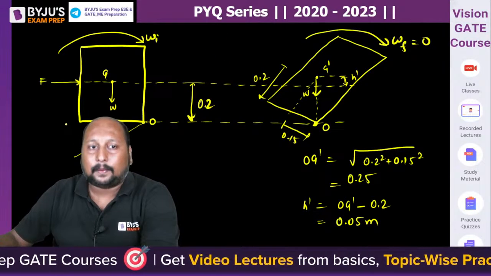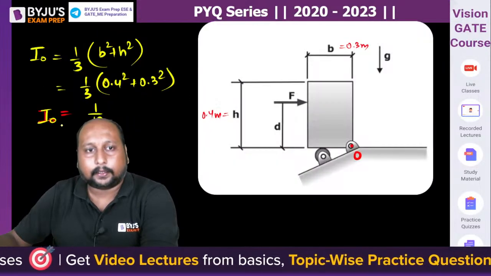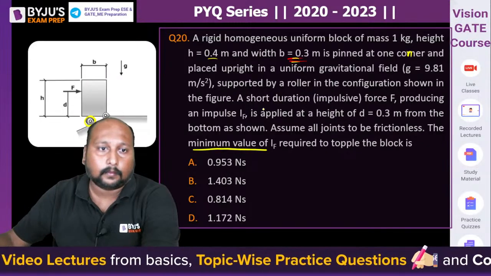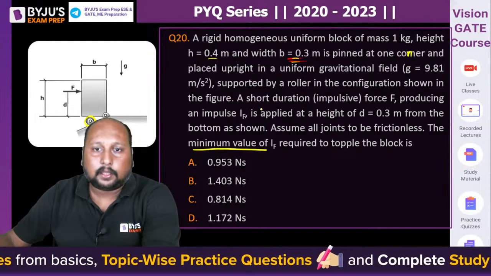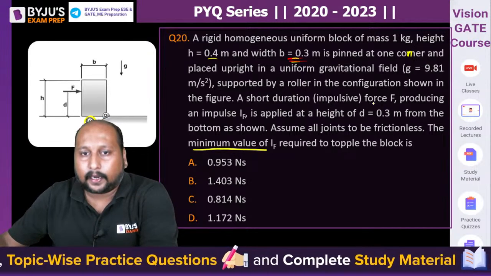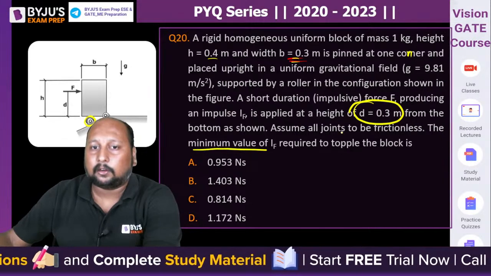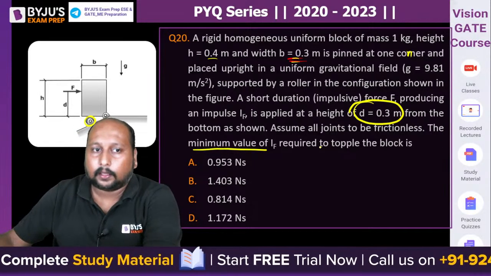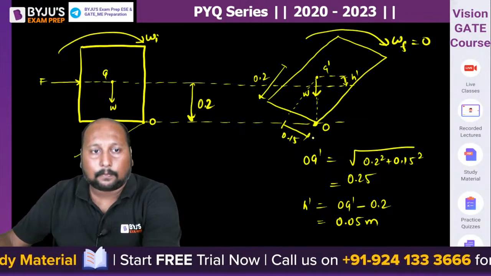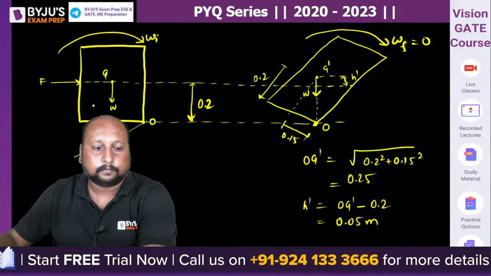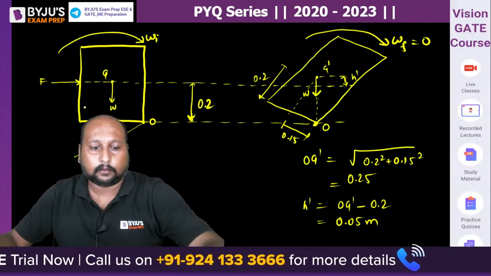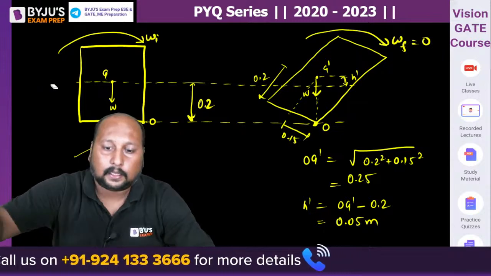Because we are applying impulse at this height, applied at a height of 0.3. Okay, we are applying it at a height of 0.3. Okay, clear hai? Let me do one thing, इसको यहाँ पे लिख देते हैं ऐसे.